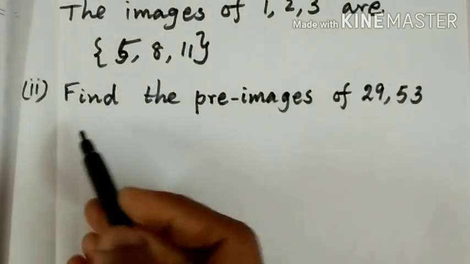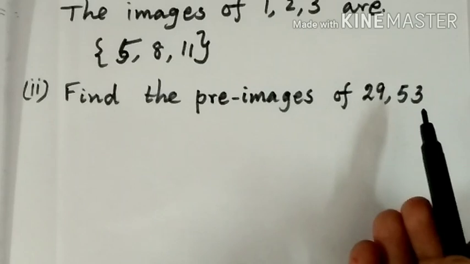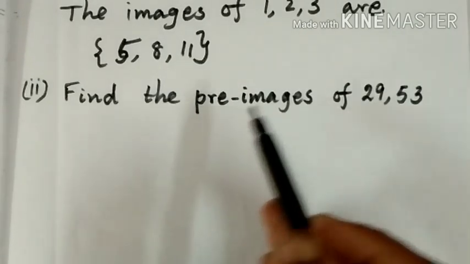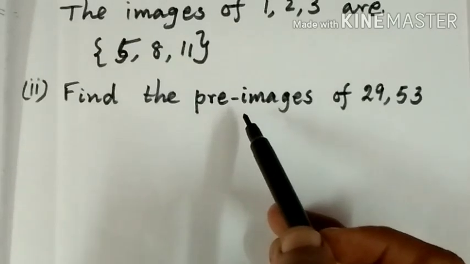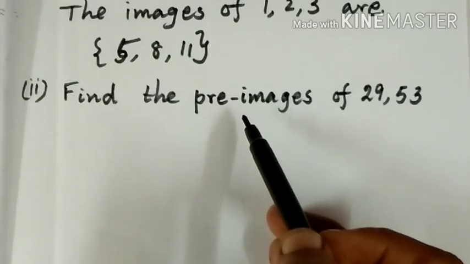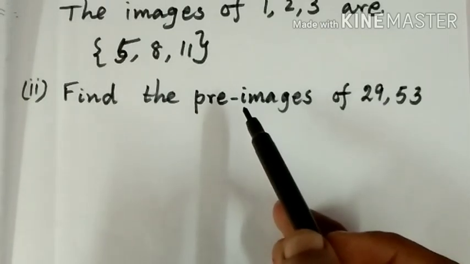Next subdivision, find the pre-images of 29 and 53. So in this question, images are given. We have to find the pre-image. So what is pre-image? It always belongs to the x coordinate.